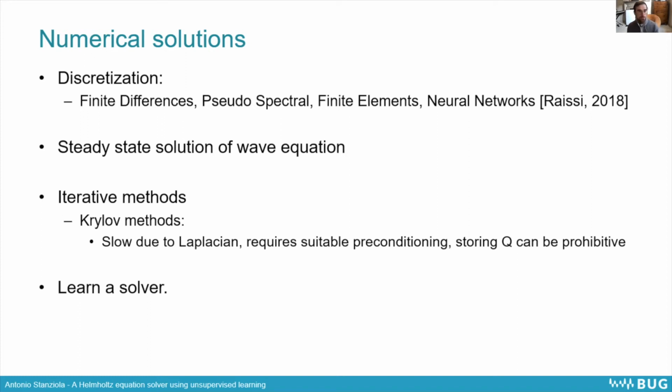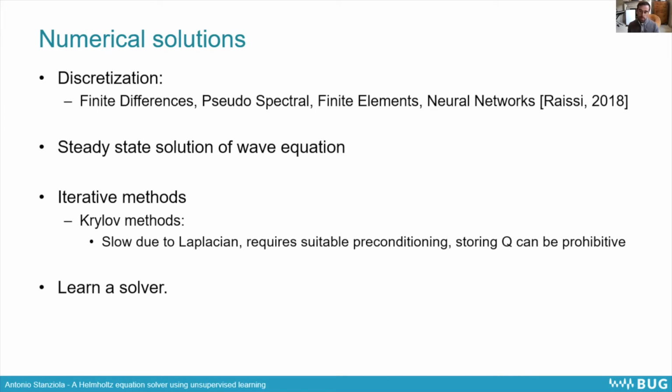But most often, the way those problems are solved, being PDEs, is by having some kind of iterative method that iteratively solves the linear system associated with the PDE and the discretization that we described. The most used methods are called Krylov methods or Krylov subspace methods.